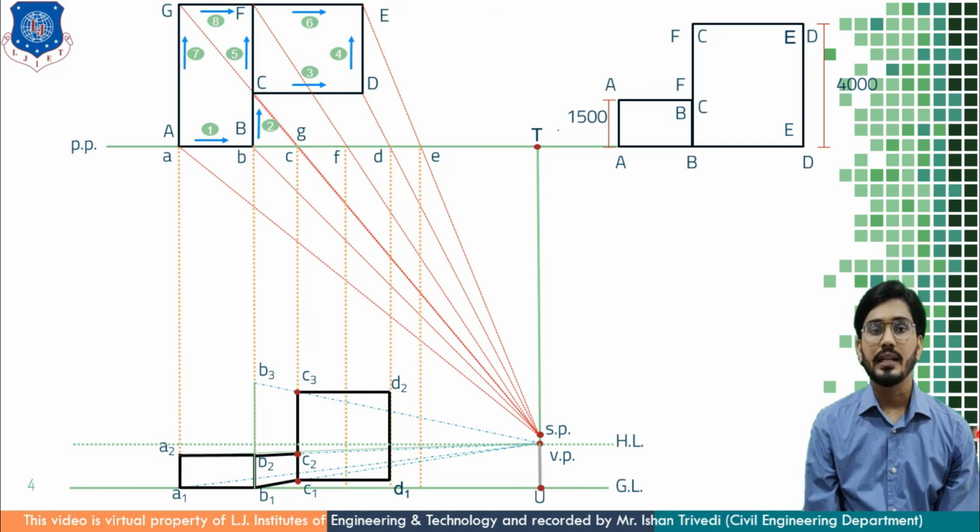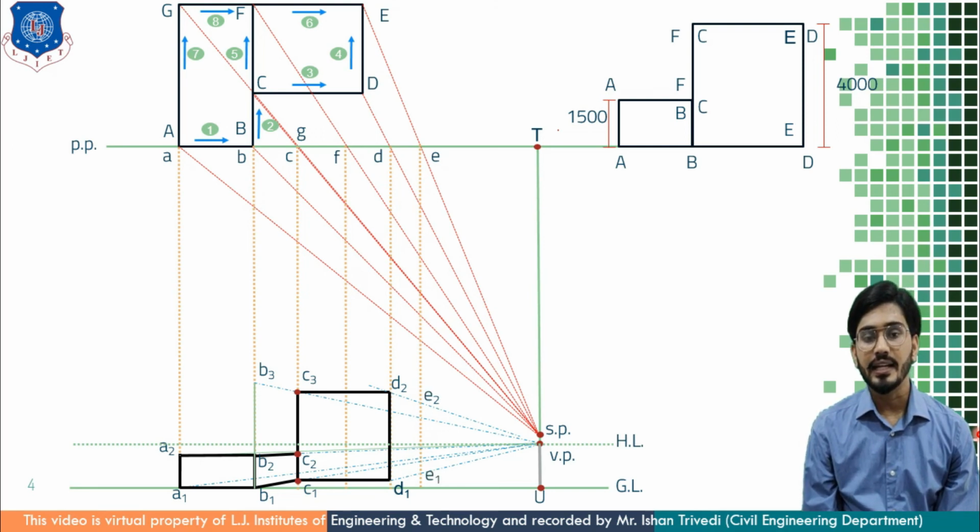Now D to E, these are depth lines, and ultimately D1 and D2 I am connecting to the vanishing point. I am highlighting these as these lines are passing through the parallel E line. I am getting 2 points, that is E1 and E2, and I am highlighting the shape. So once I get the shape, I will go to the back side.